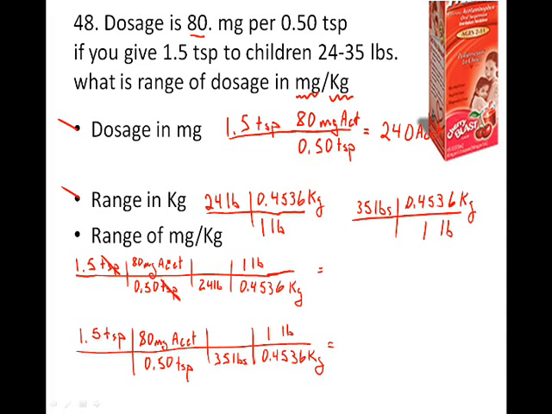So if we're looking carefully at the units, the pounds cancel out and we're left with milligrams of acetaminophen per kilogram of body weight. And that's the units we needed to have, milligrams per kilogram. And so you'll have a range here of this milligrams per kilogram to this milligrams per kilogram, and that's the range of dosage for children weighing 24 to 35 pounds, but expressed in milligrams per kilogram.